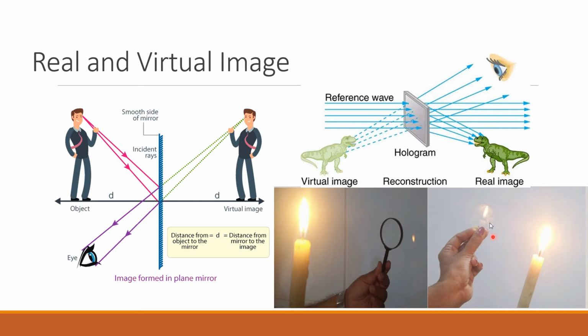Fine, now let us keep a candle in front of your convex lens. Now look carefully. What do you notice is that this object forms an image. Can you see the image of this candle? This image is formed behind the lens.